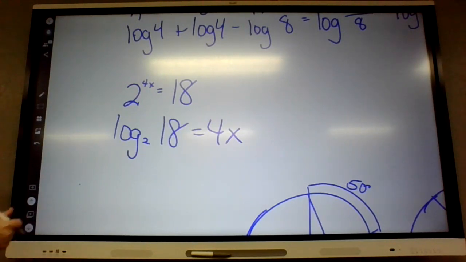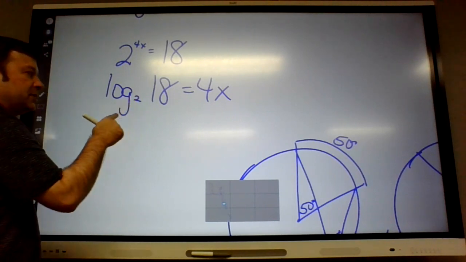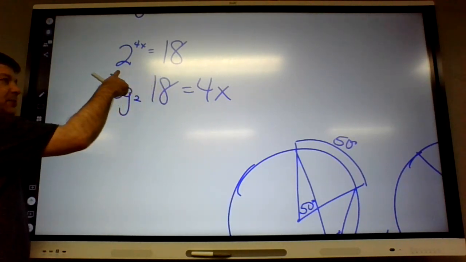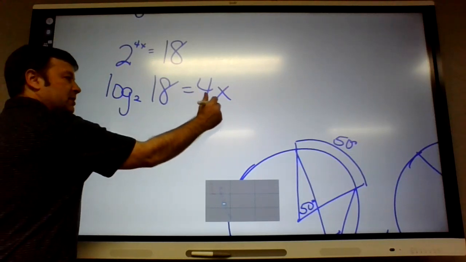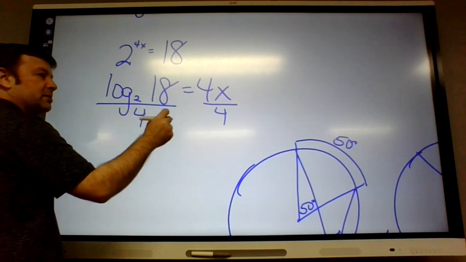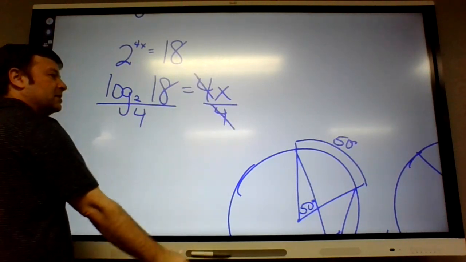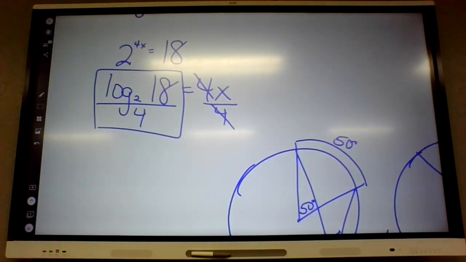This log base 2 thing, this is something we put in the calculator, right? But how do I solve this for x? Right, divide off the 4. You could just do all that at once, but whatever that comes out as will be a decimal, and that would be your answer.